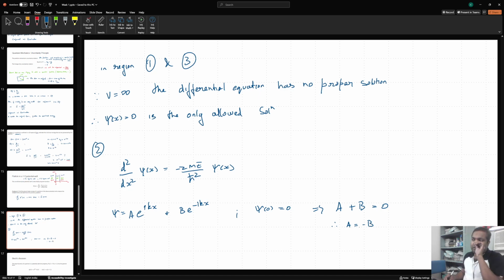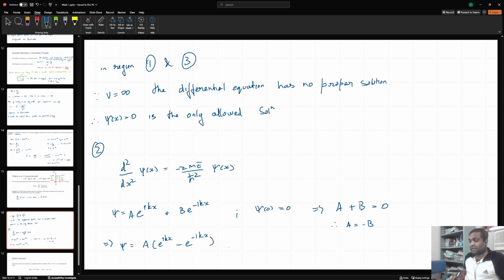Now since a is equal to minus b, or b is equal to minus a, I can write psi is equal to a times e to the power ikx minus e to the power minus ikx.